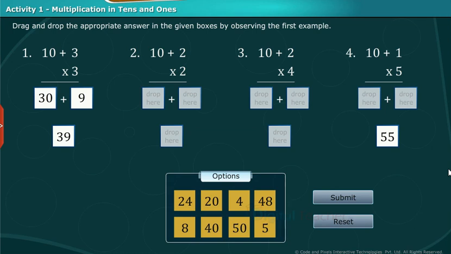Drag and drop the appropriate answer in the given boxes by observing the first example. Here we have 10 plus 3 as a multiple of 3. Then 3 into 3 is 9 and 3 into 10 is 30. So finally the answer is 39 by adding 30 plus 9.